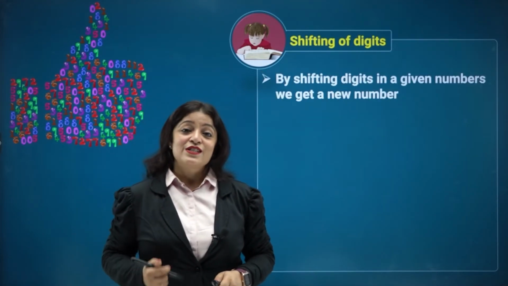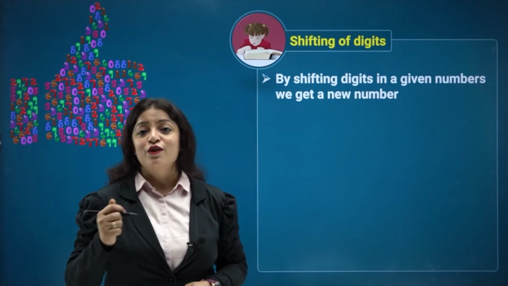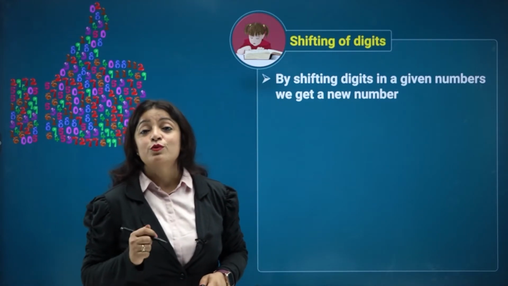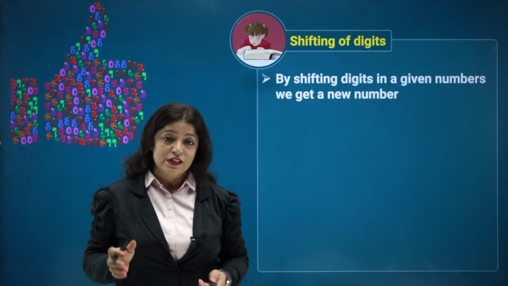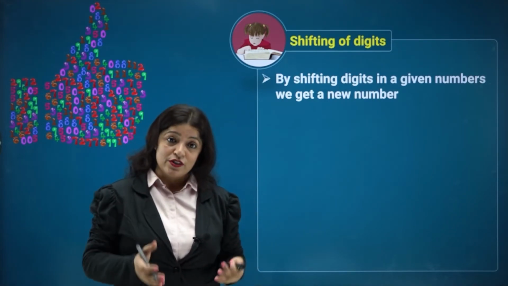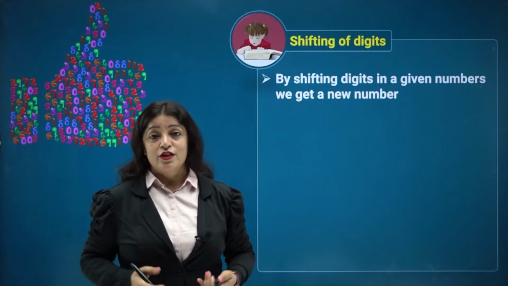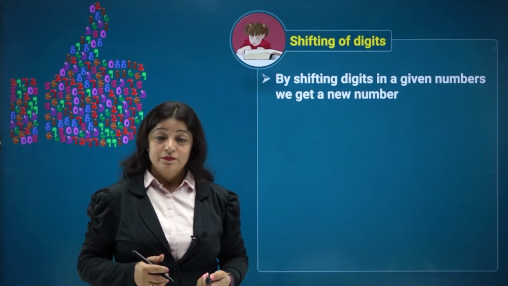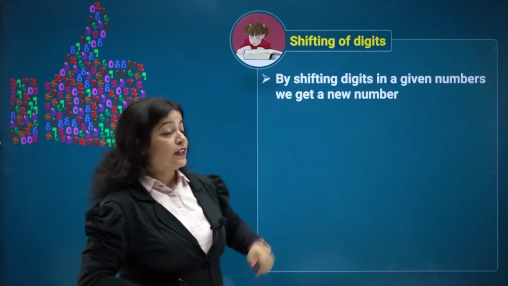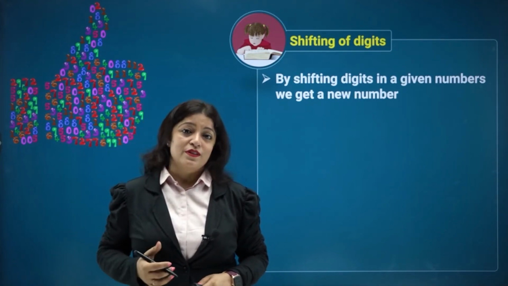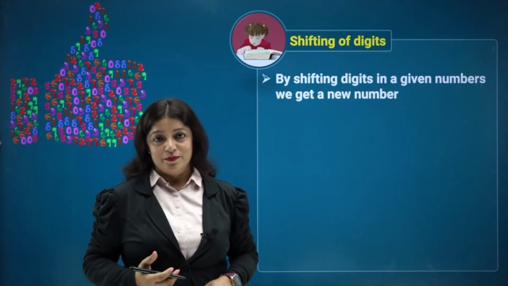So the next topic in the queue is shifting of digits. That means if two numbers are given, or if a number has different digits, obviously a number is made up of different digits, right? It may be a single-digit number, a two-digit number, a three-digit number, and so on. So by shifting the digits in a given number, what happens? We get a new number, right?